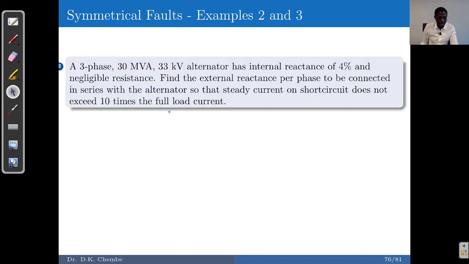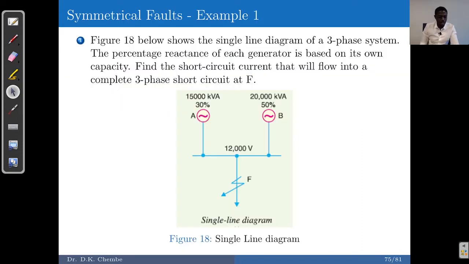This implies that it's based on this capacity, which is 30% and 50% for each generator. And you are to find the short circuit current that will flow into a complete three-phase short circuit at point F, which is denoted here. So how do we handle this case?